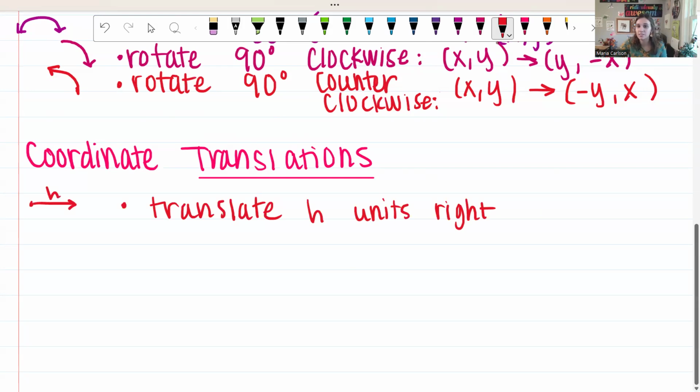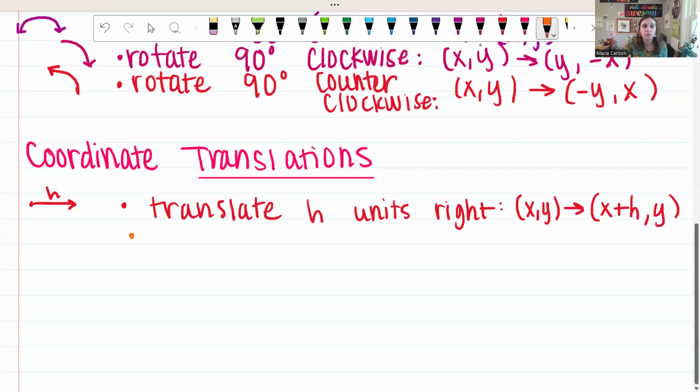And the mapping for this, your point x comma y: if you're shifting to the right, you're affecting your x values here. So this is really x plus the number of units that you are shifting, h comma y.